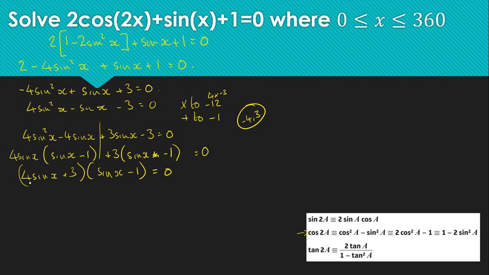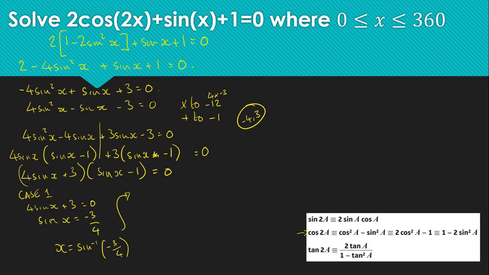So we're going to solve each of these brackets. We're going to get case 1. Now case 1 is going to be this one here. Okay, so 4 sine of x plus 3 equals 0. Sine of x is equal to -3 quarters. Okay, which means that x is equal to sine to the -1, arc sine, of -3 quarters.